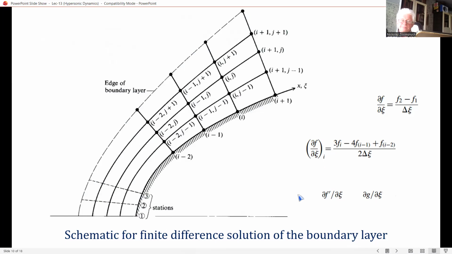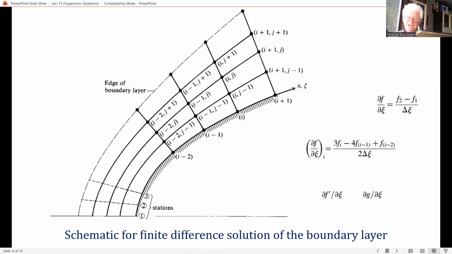We assume that the boundary layer profiles have already been solved at the location i minus 1 and the earlier i minus 2, and hence the functions from i minus 1 and i minus 2 are known numbers. The only unknown is f at i.